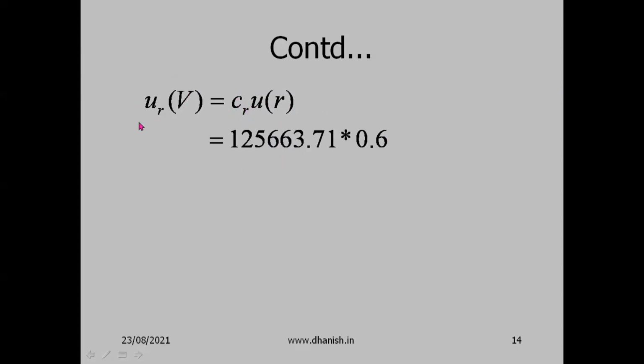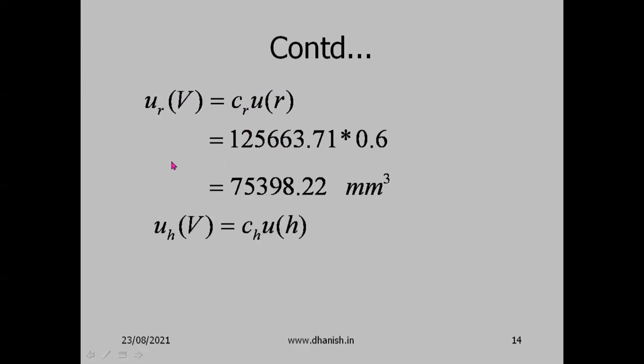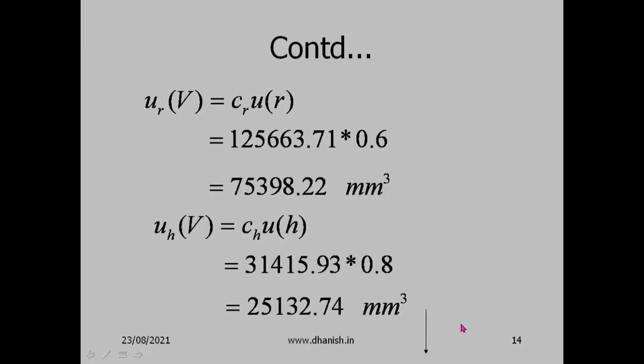So these two terms we have got. So this is another notation, uncertainty of volume due to radius. Similarly, uncertainty of volume due to height is CH into standard uncertainty of H. Okay, so only the notation you have to get familiarized with.